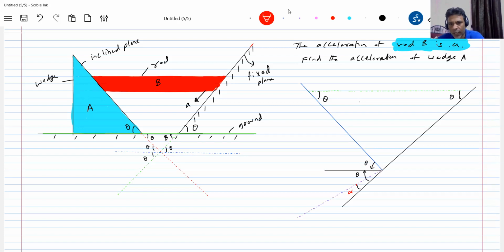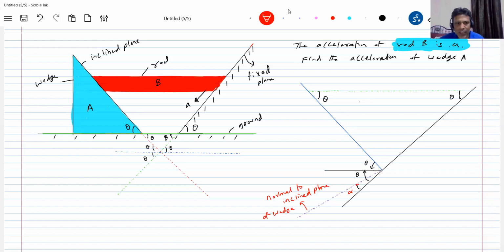Look, all of you, arrows play a very important role. What is this line I should call? Anybody? Normal to the inclined plane of the wedge. Call this n cap, whatever that one.